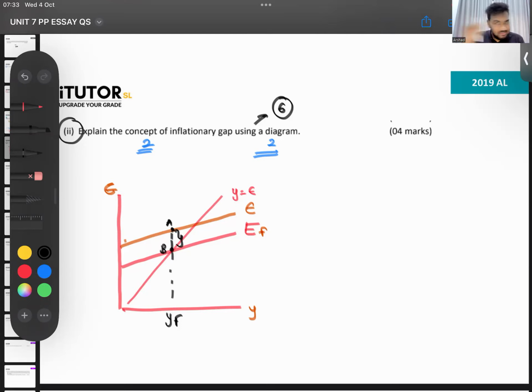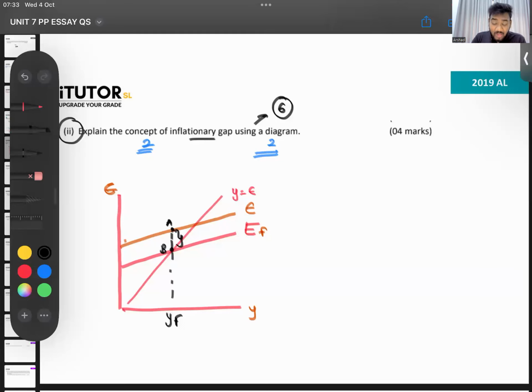So the EF curve is the aggregate expenditure required for the full employment level of output. If you have that expenditure, then you will be at equilibrium at full employment. But our aggregate expenditure is much more, right? So that gap is what we call the inflationary expenditure gap. You can consider it as the inflationary gap as well.